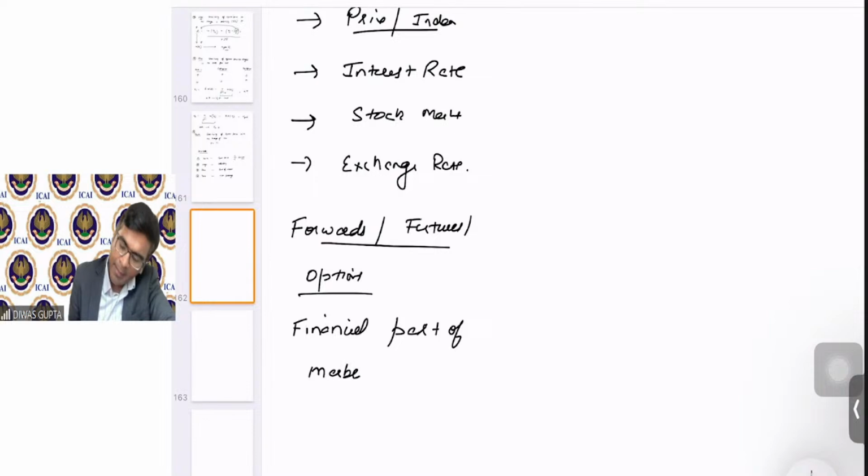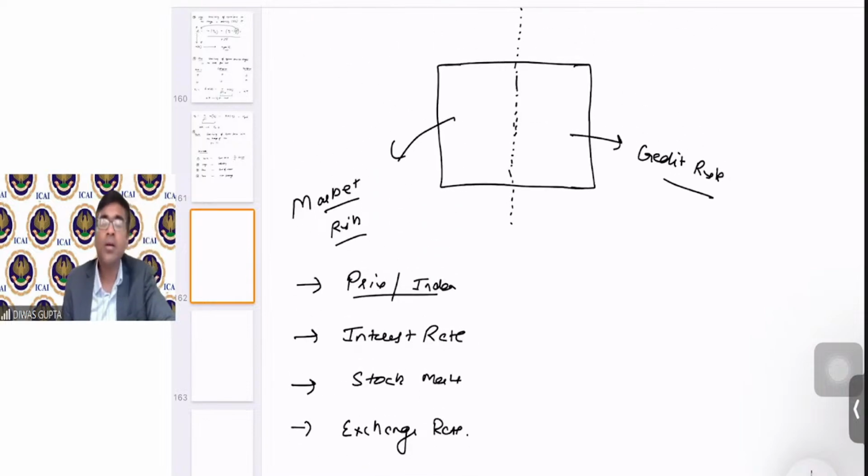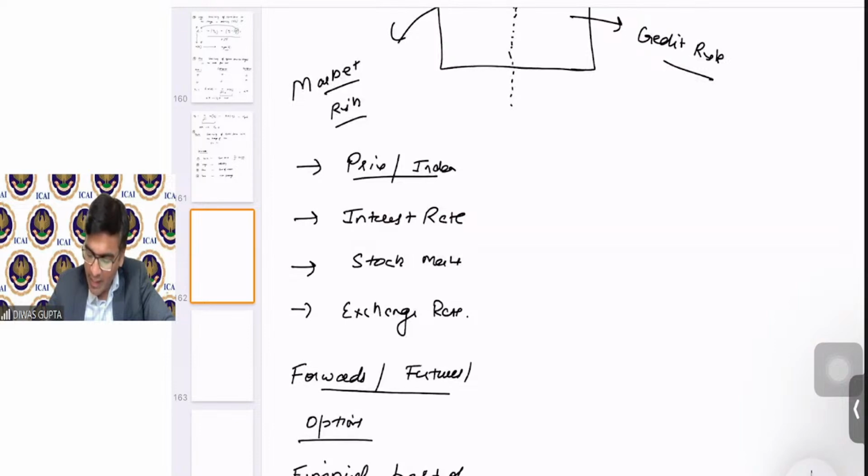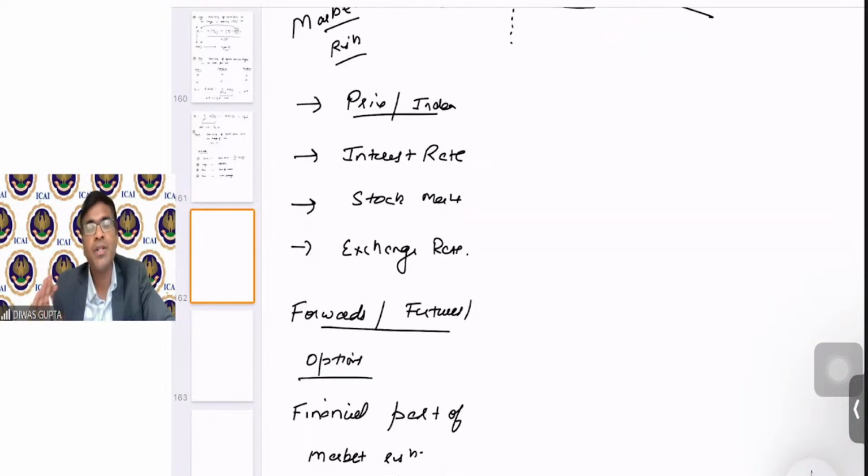Correct? For example, if there was a risk of price going down, we have suggested to short a forward, short a future, or purchase a put option, or even short a call option. Correct? These four or five options we have discussed at length in different questions. So the market risk is actually catered by the discussions that we had till now.